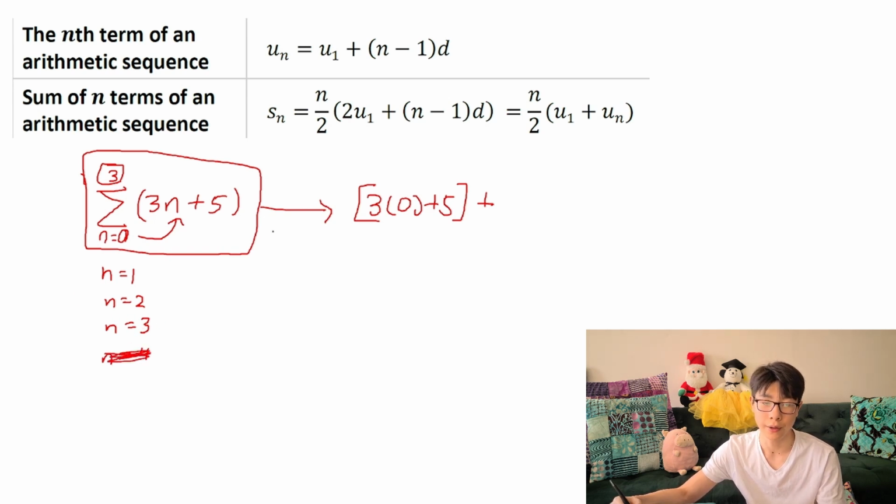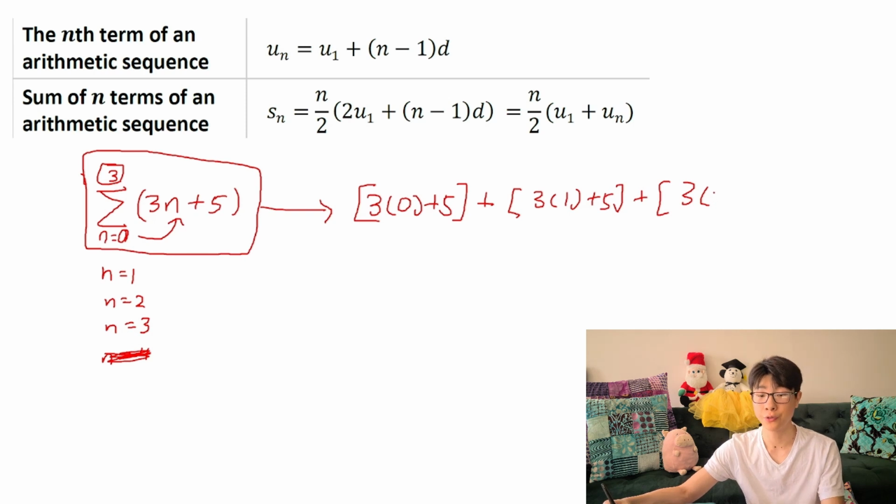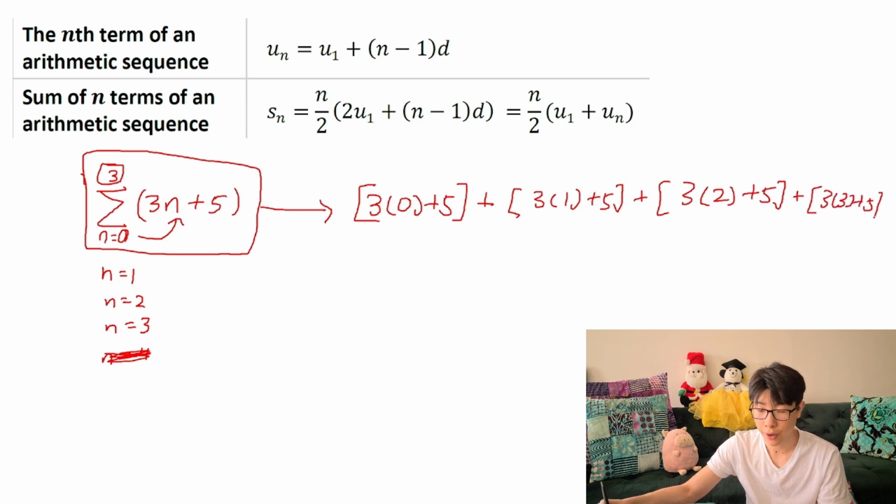It's going to be n equals 3. Meaning if we substitute n equals 1, we're going to get 3 multiplied by 1 plus 5, summed with the next term, which is 3 times 2 plus 5, where we substitute 2 for n in this case. And last term, see if we can squeeze this in, 3 times 3 plus 5.